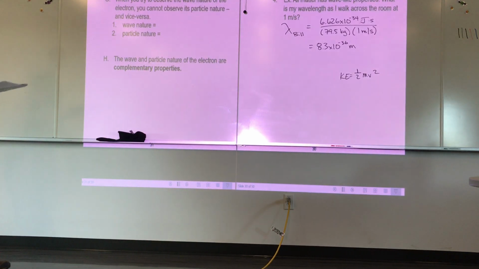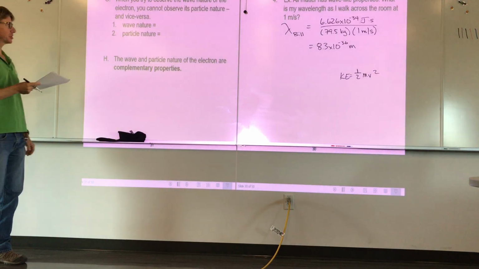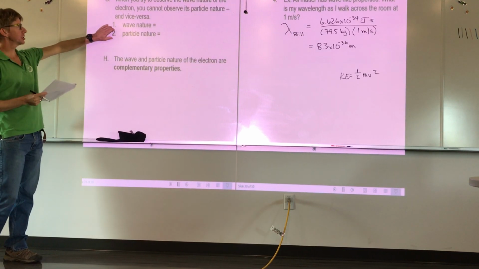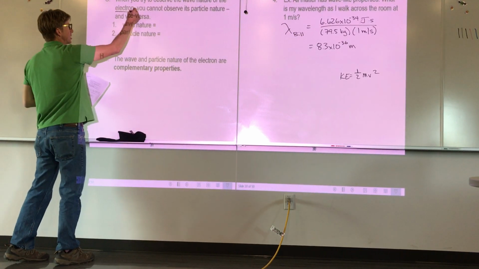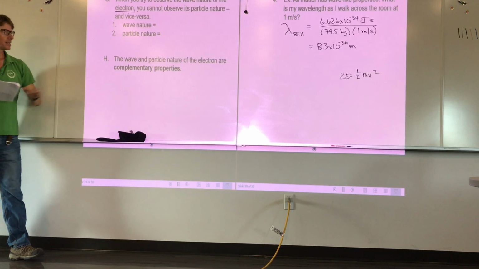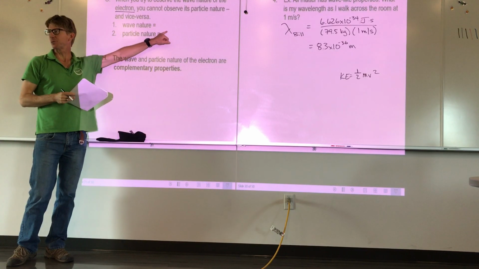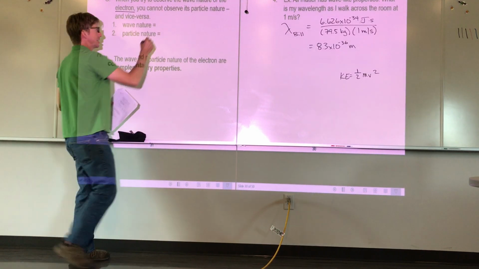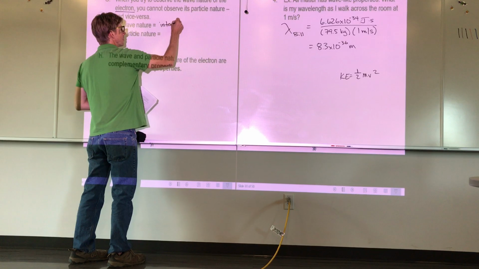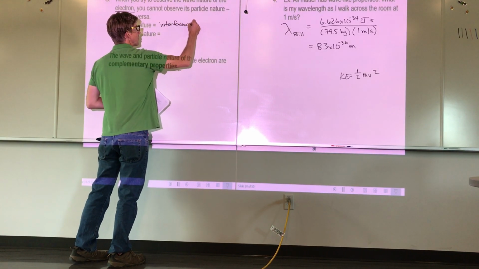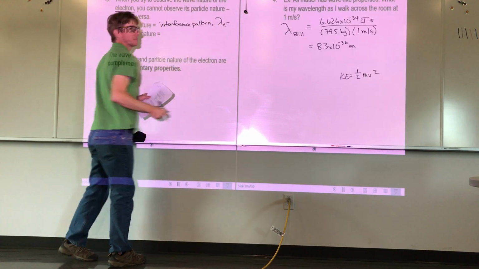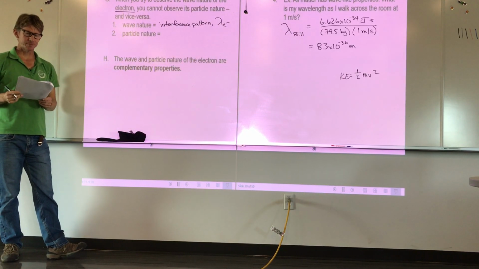When you try to observe the wave nature of the electron, you cannot observe its particle nature and vice versa. The wave nature, and this is specifically for the electron, is represented by the interference pattern and the wavelength that we can calculate.